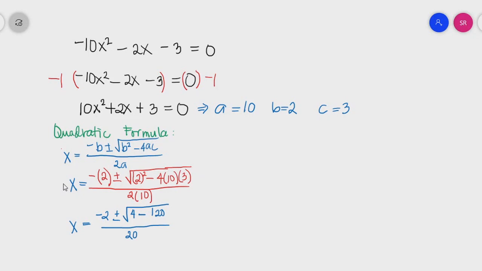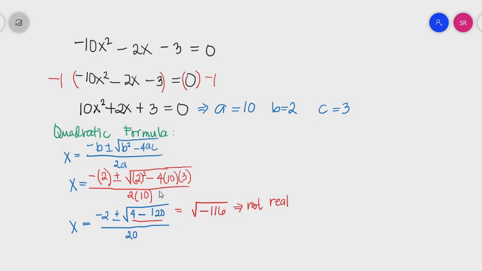Okay, so right now, before we proceed, tingnan muna natin yung radical natin dito. If we're going to subtract 4 minus 120, the result will be square root of negative 116, which is, masasabi nating not real. Kasi walang square root ng negative number.